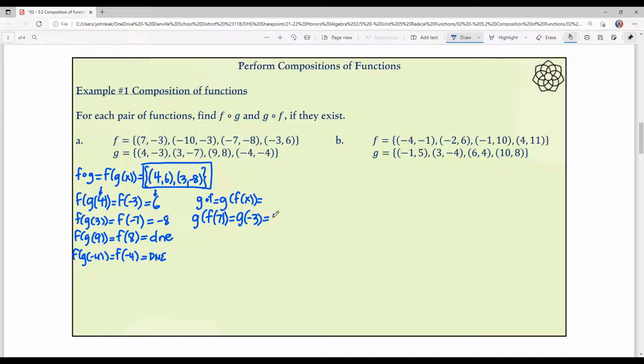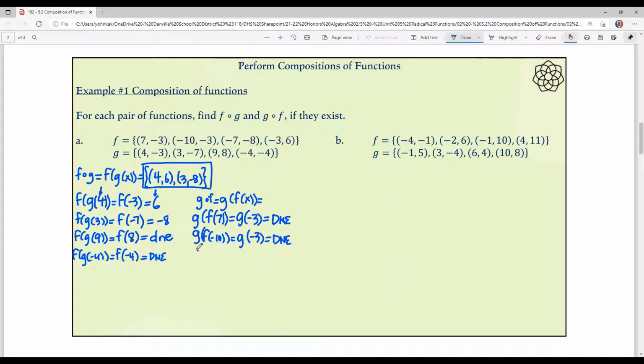I don't see one, so that value does not exist. Go on to the second, g of f of negative 10. f of negative 10 is equal to negative 3. g of negative 3 does not exist.